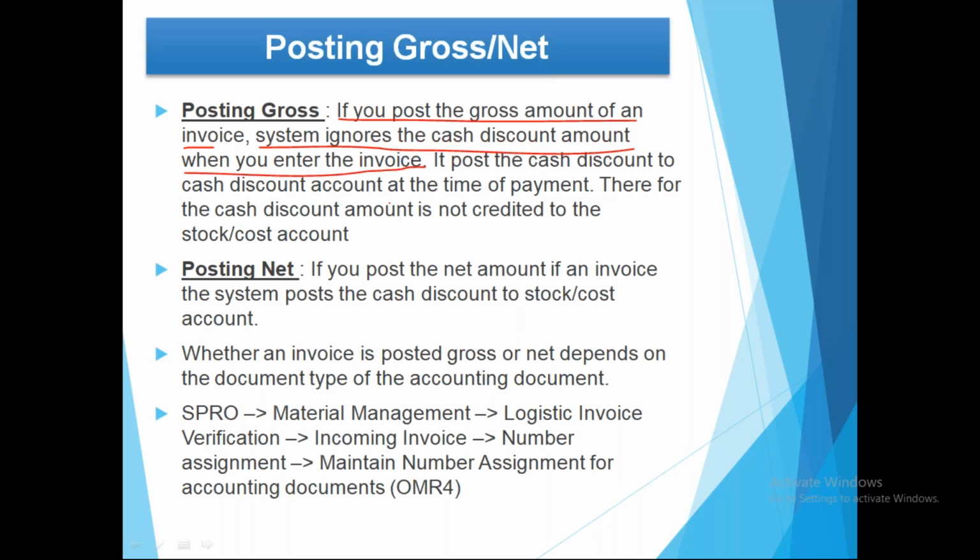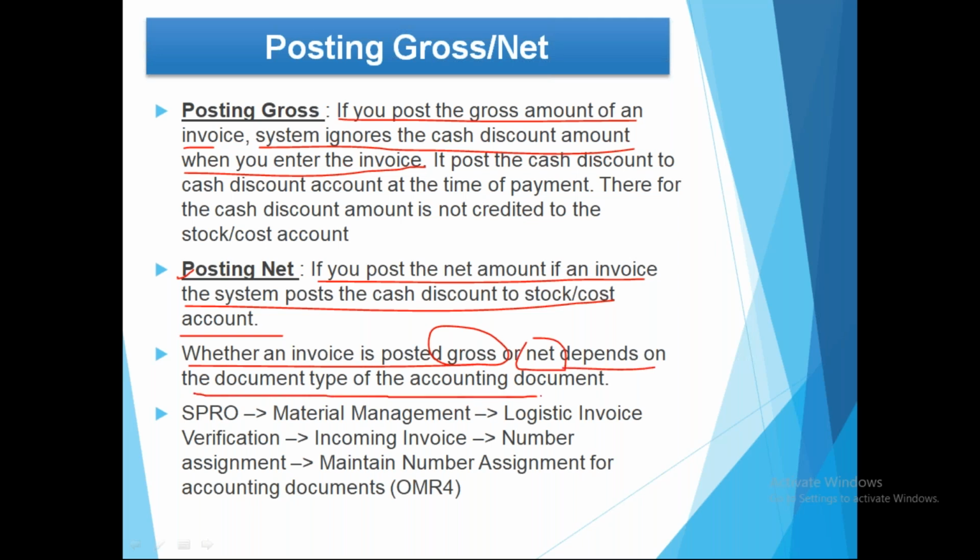That's what I told you. So the 3% it will not consider. Whereas if you post the net amount of an invoice, the system posts the cash discount to the stock or cost account. Whether an invoice is posted gross or net depends on the document type of the accounting document. This I will show in the system.